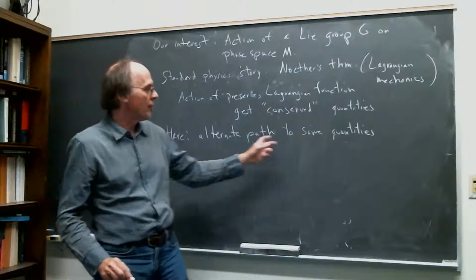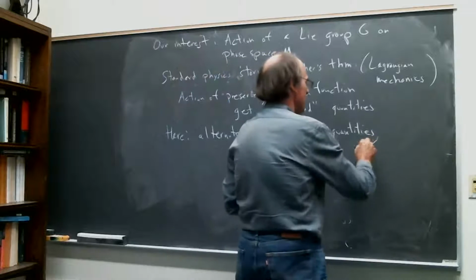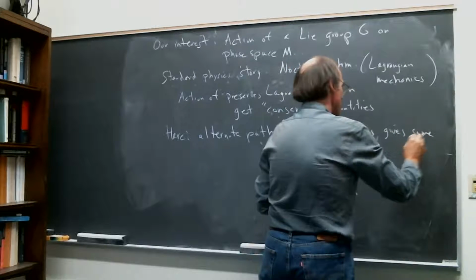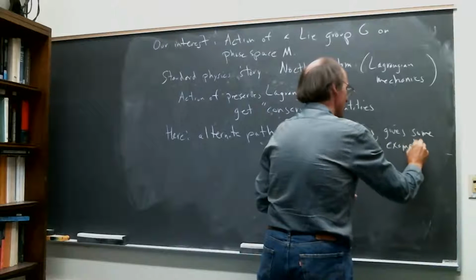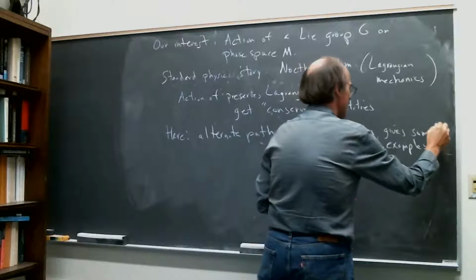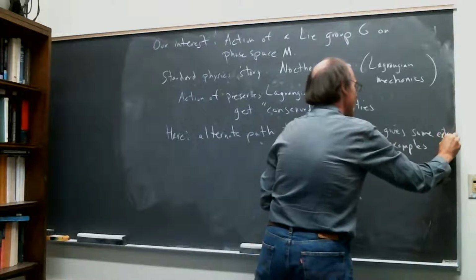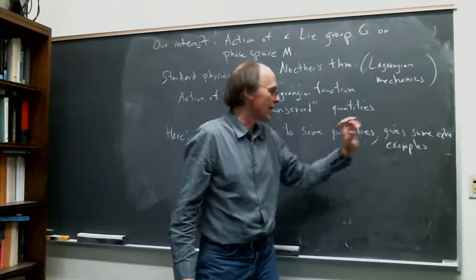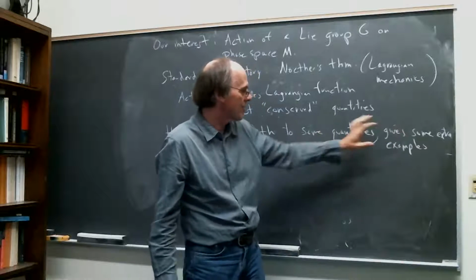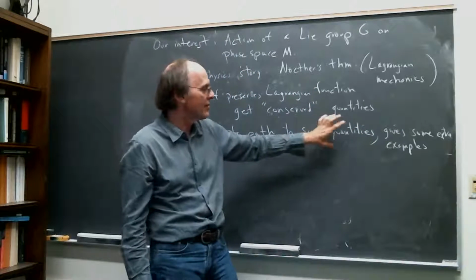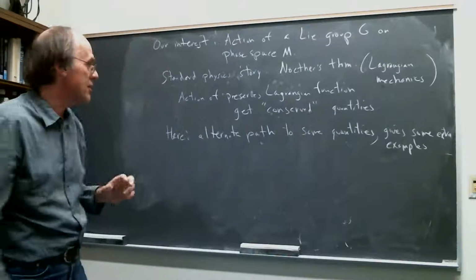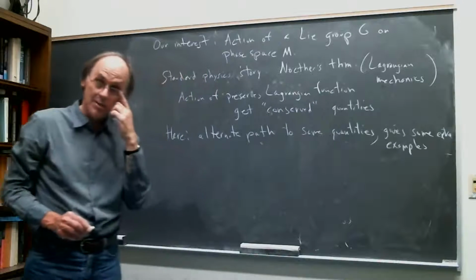One argument for this alternate path is that it gives some extra examples: you can actually get conserved quantities in examples which are very hard to see in Lagrangian mechanics.